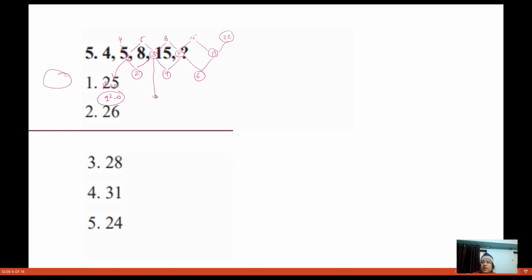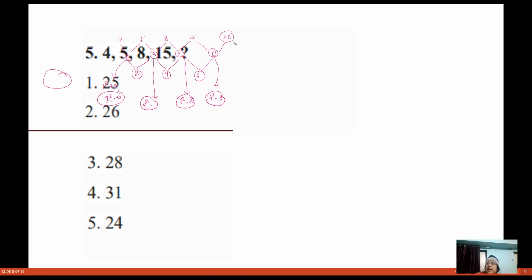This 3 is actually 2 square minus 1. This 7 is actually 3 square minus 2. And this 13 is actually 4 square minus 3. So we are getting 1 square minus 0, 2 square minus 1, 3 square minus 2, and 4 square minus 3. So this is also a logic that you can apply.